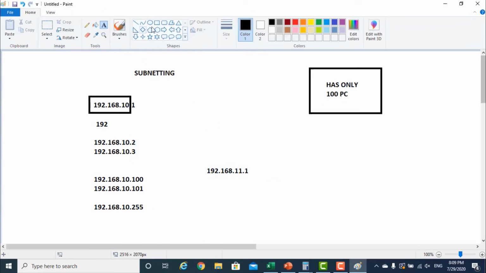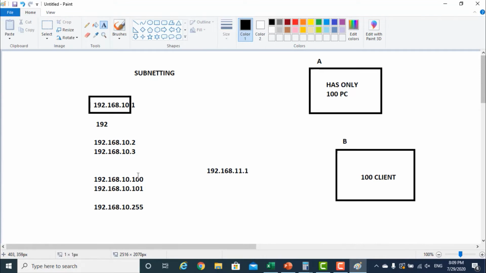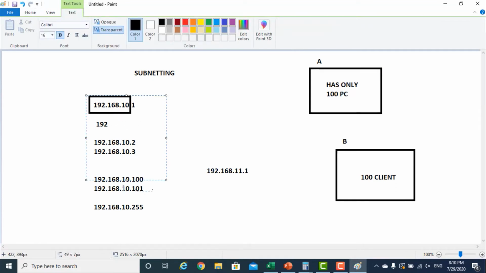And if there was some other organization, company B for example, this company also needs 100 clients and wants to have its own network. This was company A. So you will ask, sir, I already used 100, so I want to give the rest to company B too.